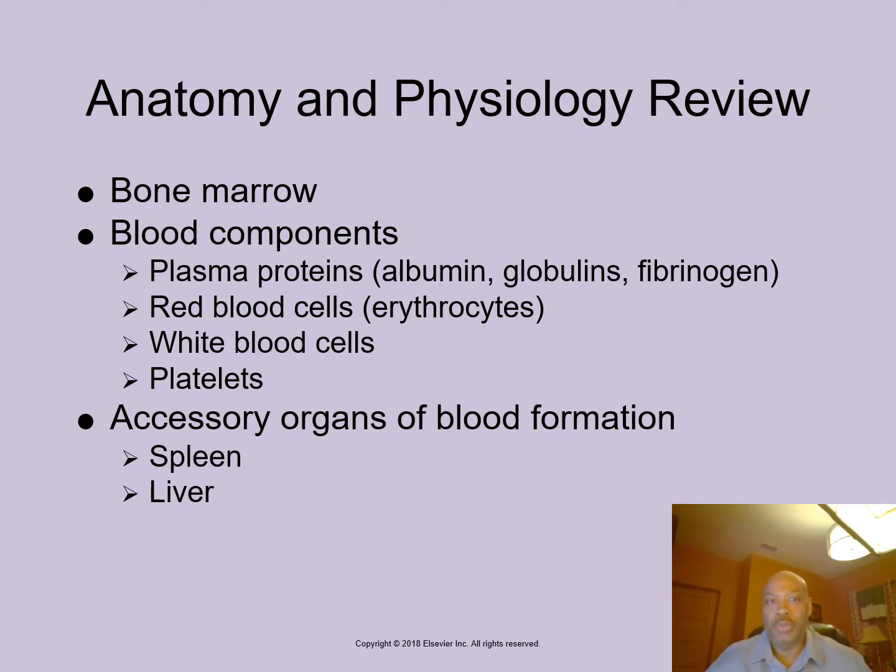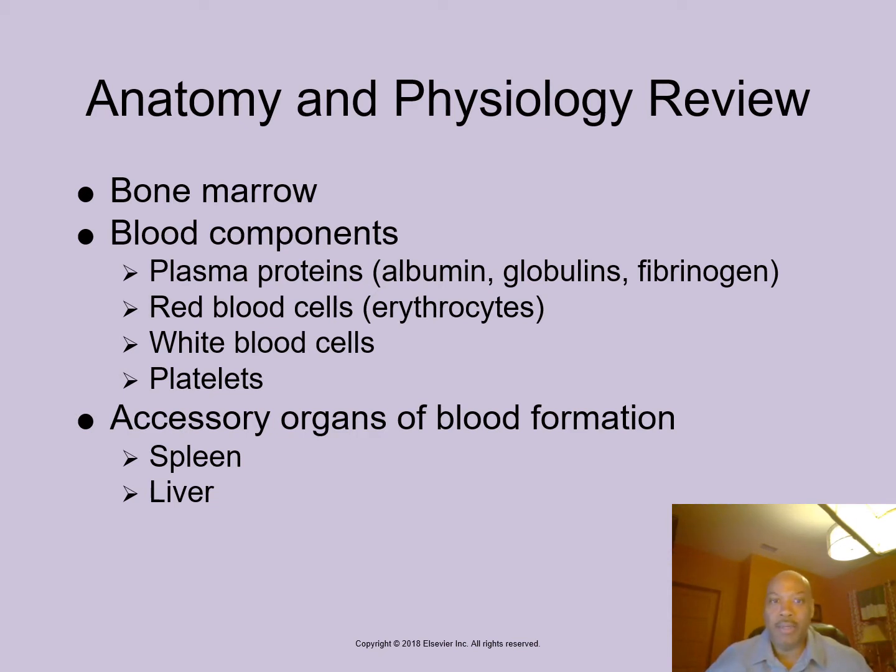Now, as tissue needs increase, more red blood cells are produced. So when our tissues are more or less starving for oxygen, red blood cells will be produced in order to supply it with oxygen. As far as our kidneys are concerned, our kidneys produce a red blood cell growth factor known as erythropoietin.